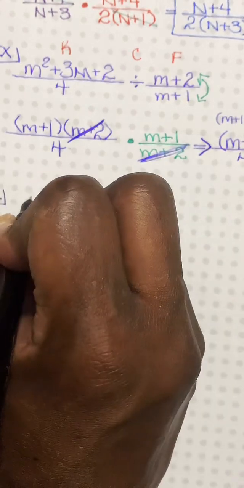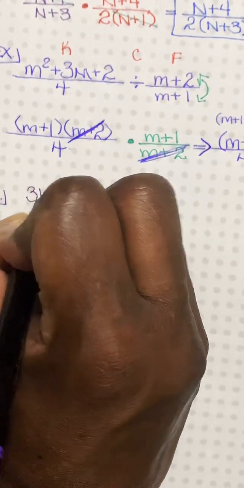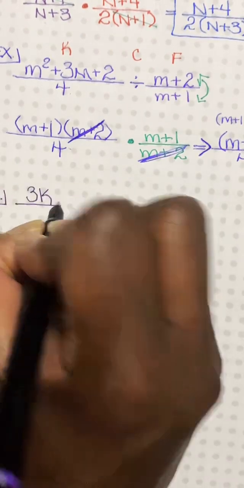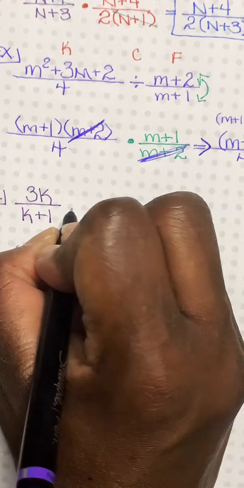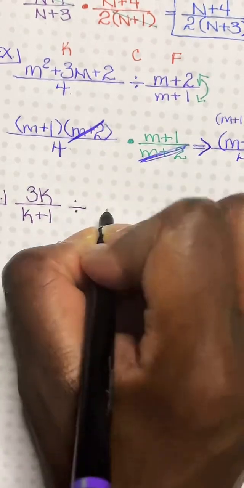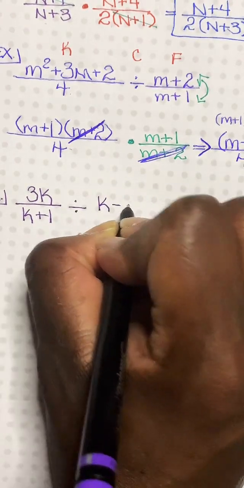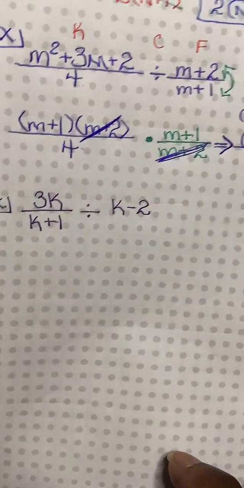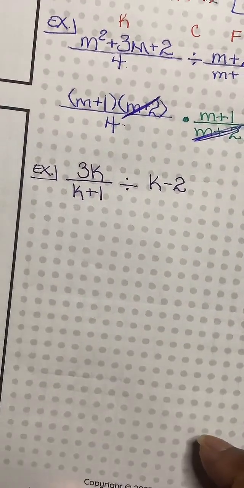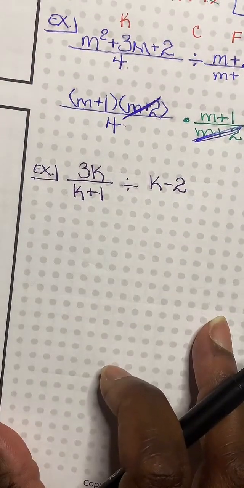All right, let's try this one. So we have 3k over k plus 1 divided by k minus 2. What's going on here?